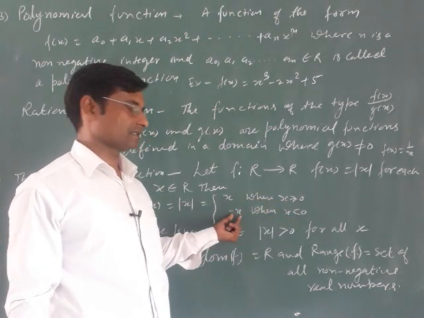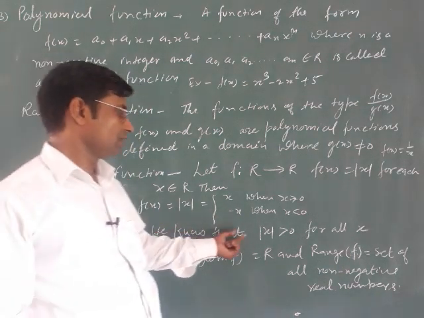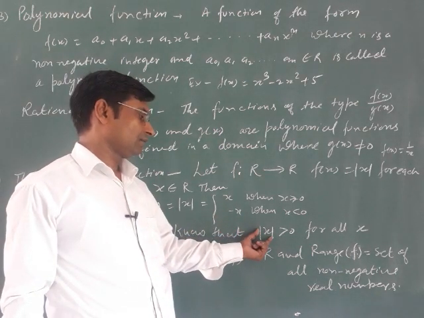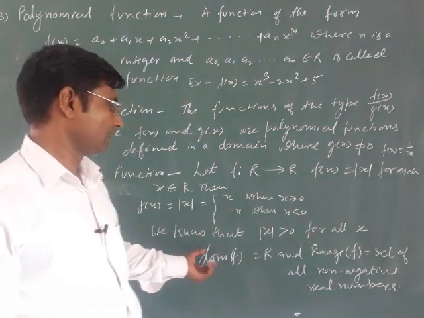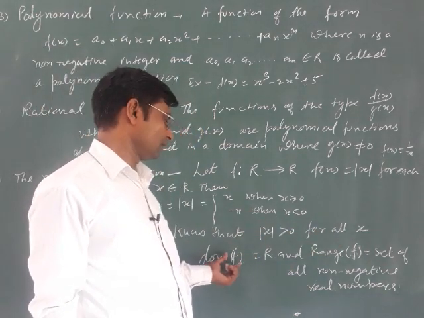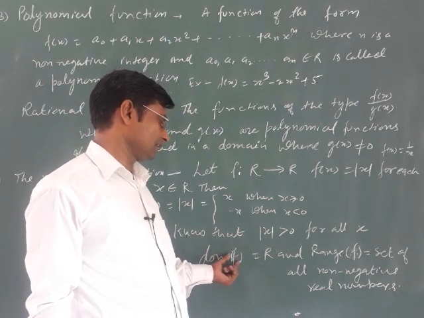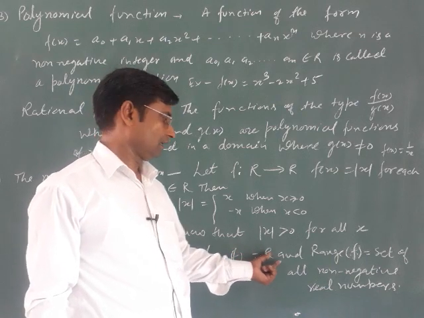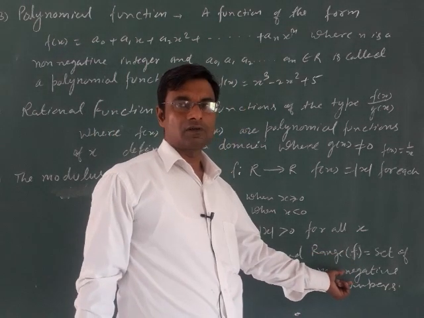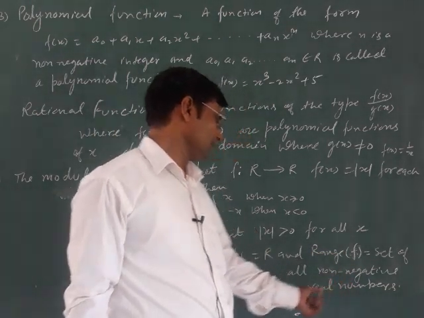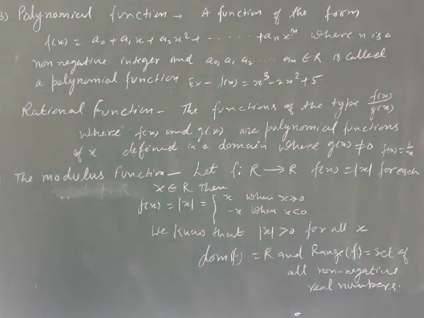We know that |x| is greater than or equal to 0 for all x, so the domain of the given function f is the set of real numbers and the range is the set of all non-negative real numbers.